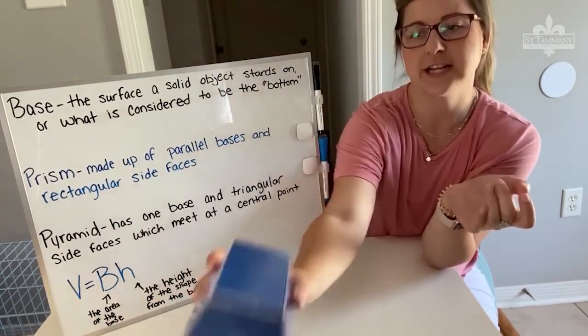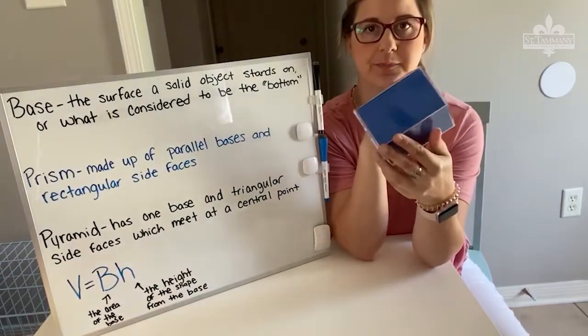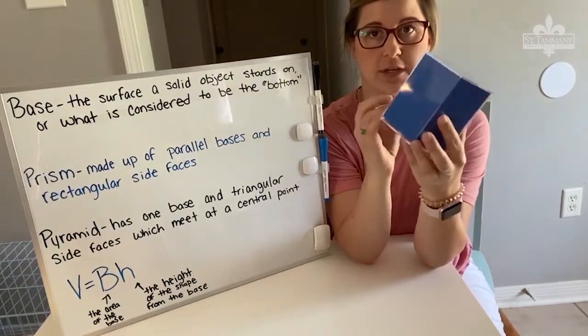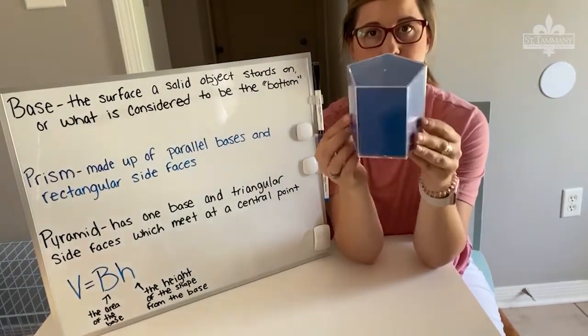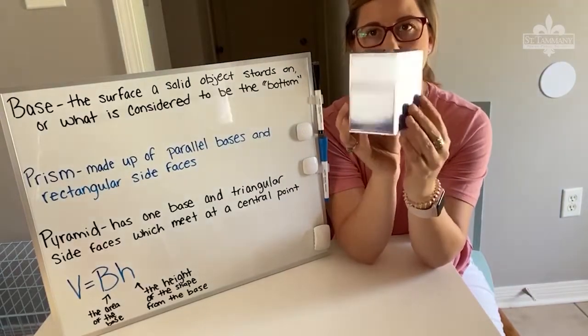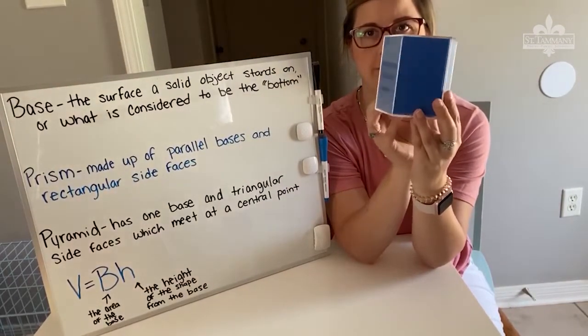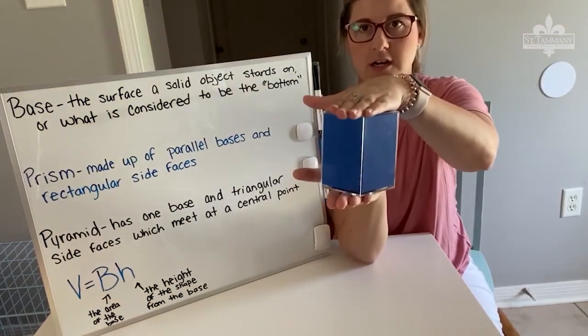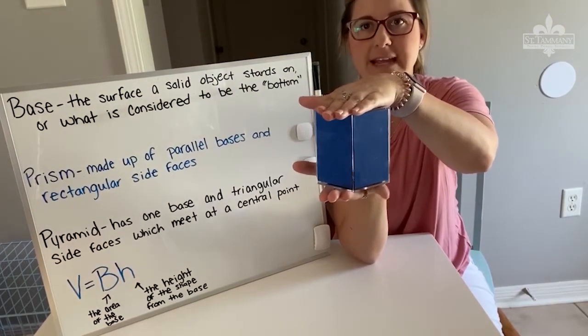Okay, next shape. Prism, pyramid? Good, it is a prism. Why? We have all of the rectangular faces, and then right here and right here are parallel bases.